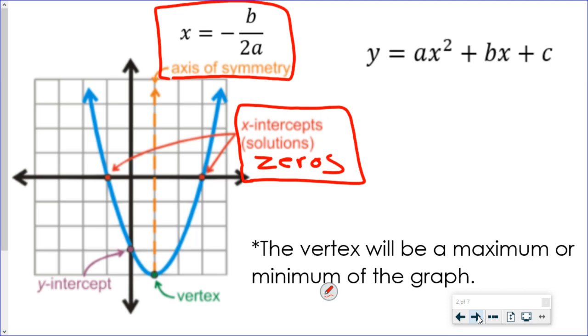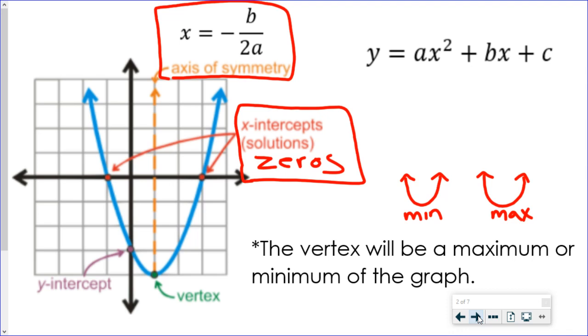And for maximum or minimum, write a little example. This is a minimum. This is a maximum. I'll explain that a little more, but those are the notes I want you to have.